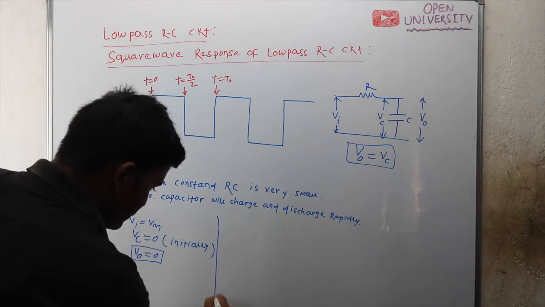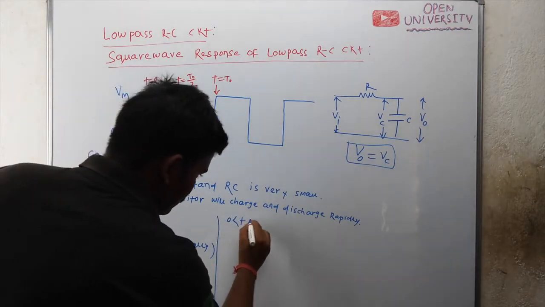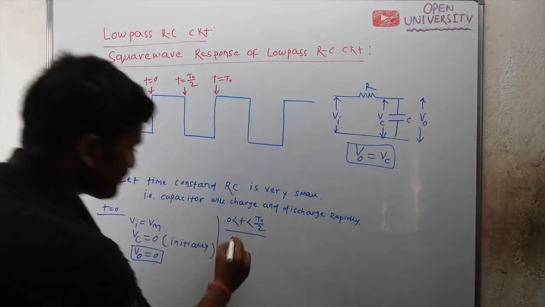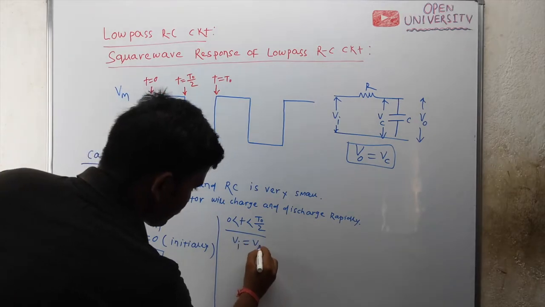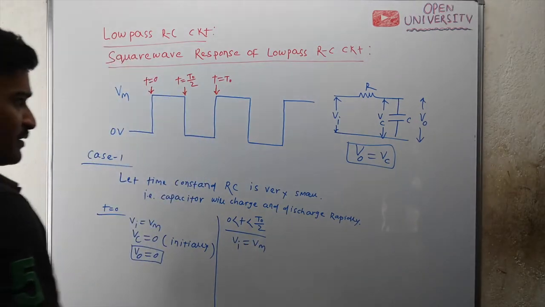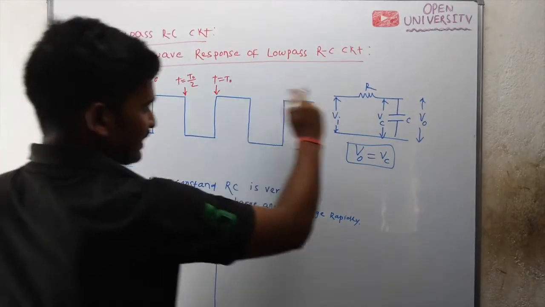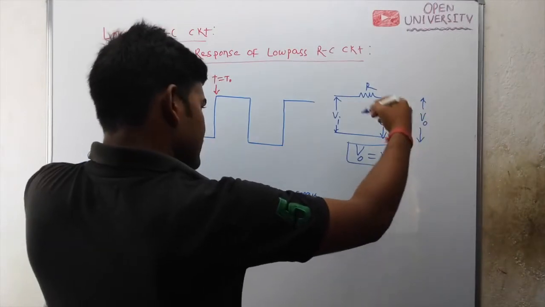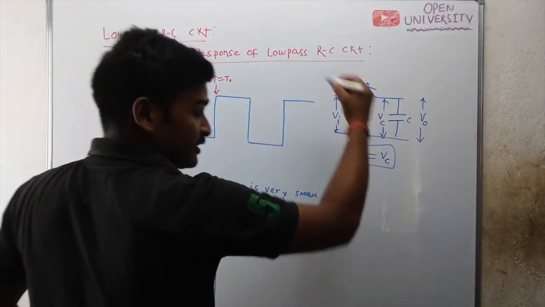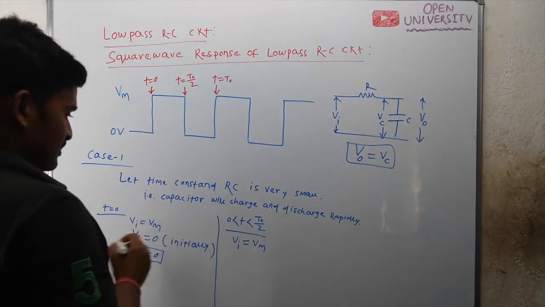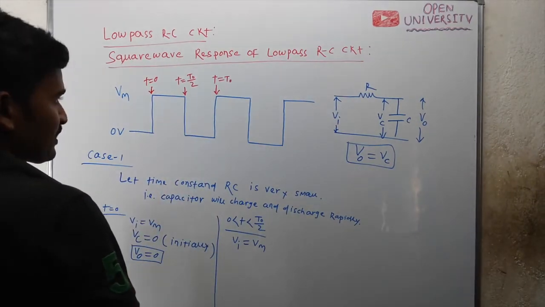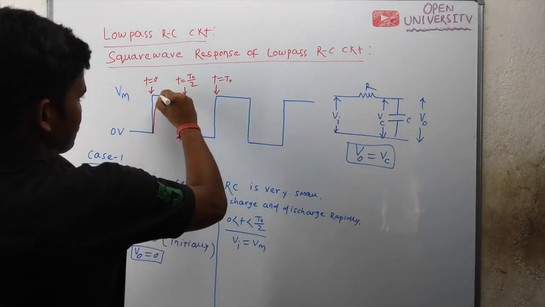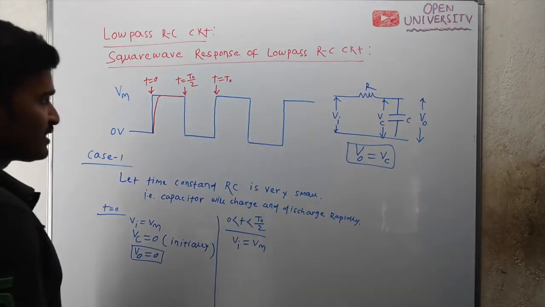Now, let us understand when t is in between 0 to t naught by 2. In this interval, input voltage is Vm. Now what happens when input voltage is Vm, then capacitor will charge through the resistor very immediately because time constant is very small, so capacitor will immediately charge to the maximum value of input voltage when t is in between 0 to t naught by 2.